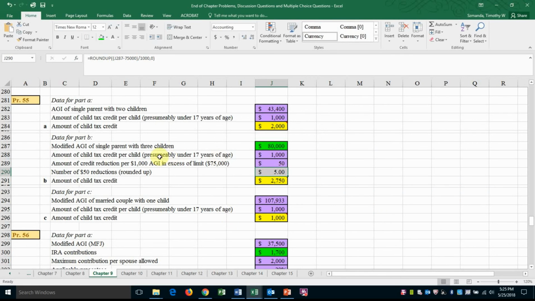So they would have started with the 3 kids at $3,000, right? 3 children times $1,000 per, and from that 3 times $1,000 we're going to deduct 5 times 50, or 250, and we'll wind up with 2,750. So this is the way they phase out child tax credits.